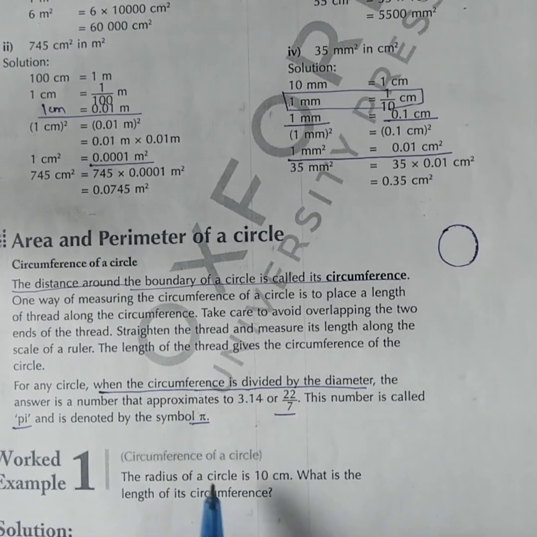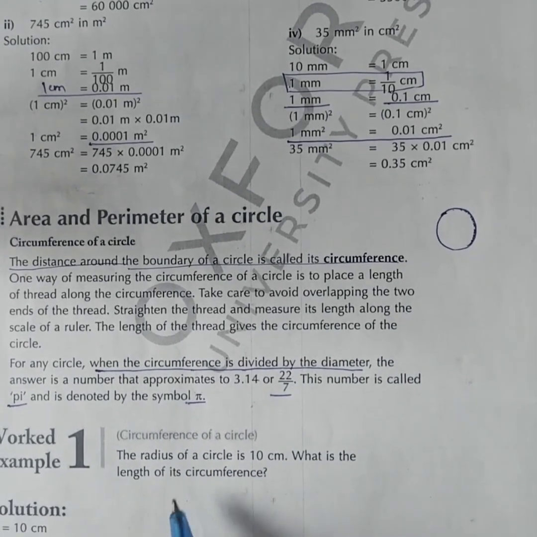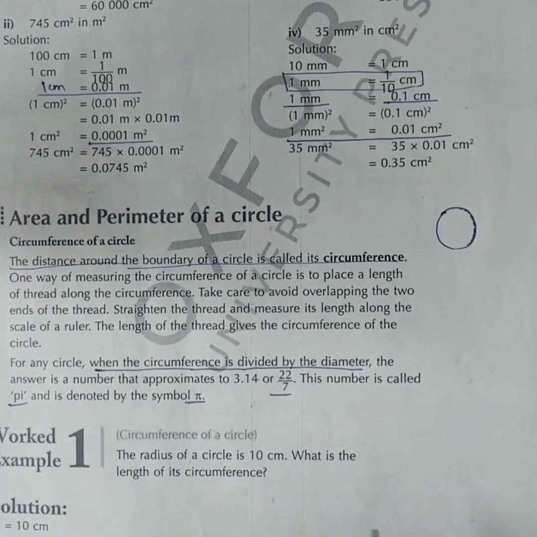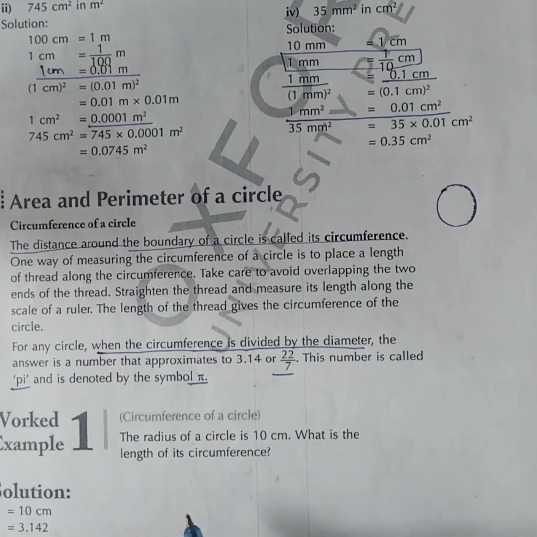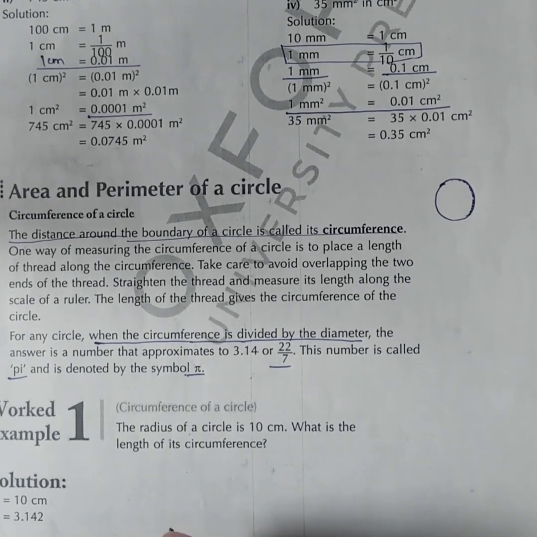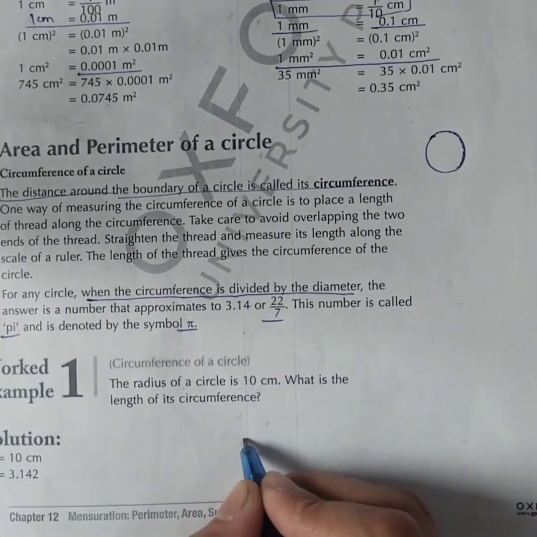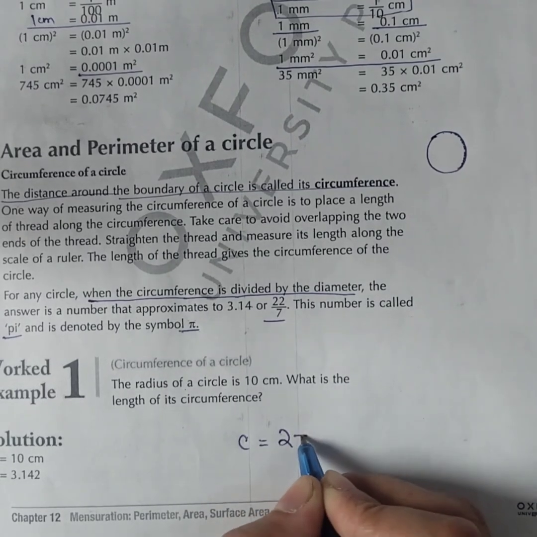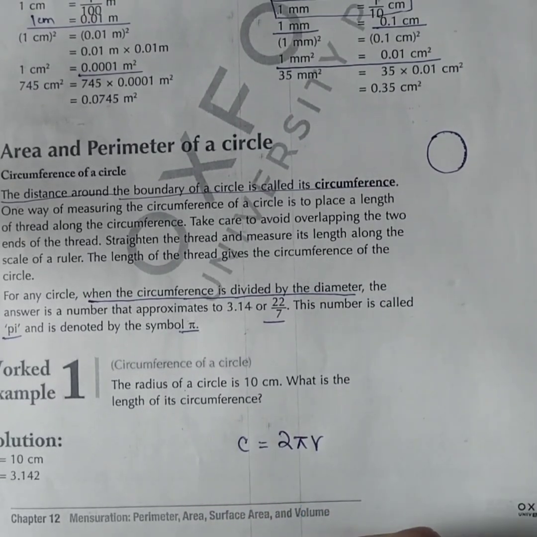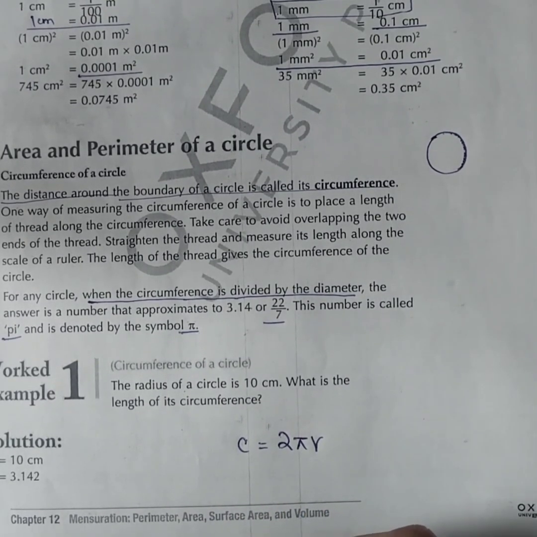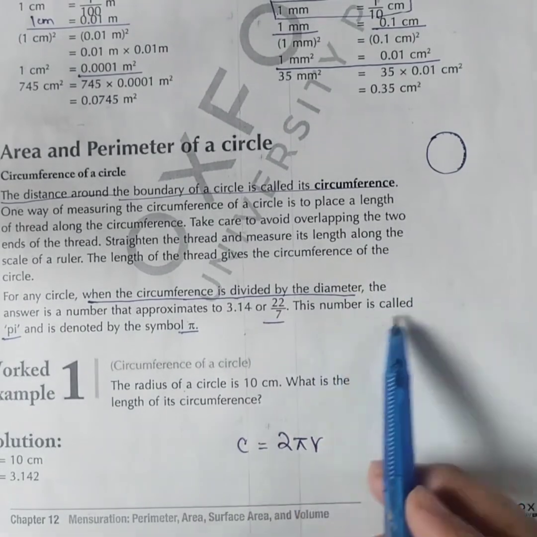Next is the circumference of a circle. For example, if you are given the radius, what is the length of its circumference? You are going to see the formula of circumference. Circumference is equal to 2 pi r. This is how you find the circumference of a circle, meaning the outer boundary length.